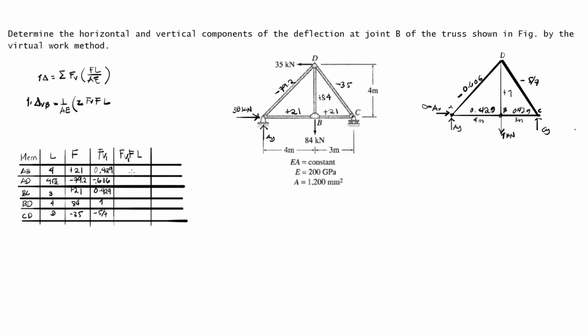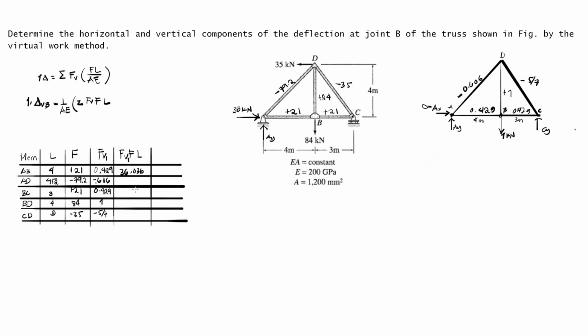So, kunin natin yung FV F times L. So, i-multiply lang natin ito. Okay? So, 4 times 21 times 0.429. Kunin natin yung sabihin natin up to 3 decimal places. So, 36.036. Pati sign lagay natin. No? So, 4 square root of 2 times negative 79.2 times 0.606. So, negative. Huwag mo kalimutan yung sign.